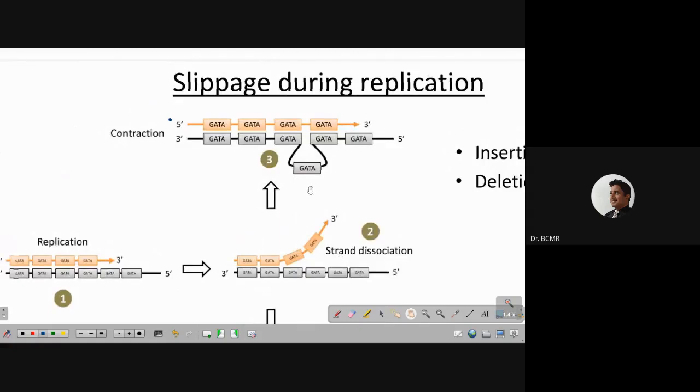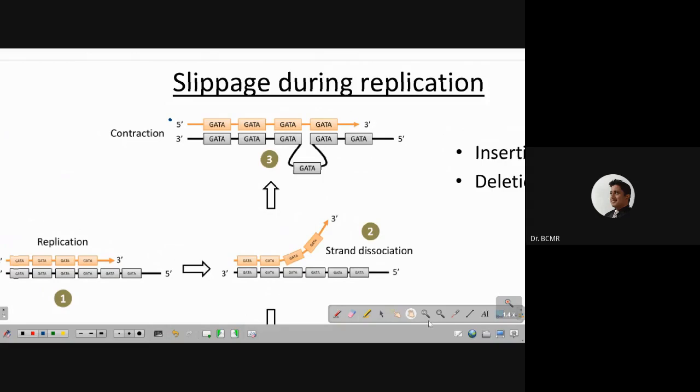Sometimes the template might form a loop like this and may base pair like this. And if you look at it, the newly synthesized strand would have missed forming a GATA for this one. So there is a deletion in the newly formed strand, and that is how deletions may occur.